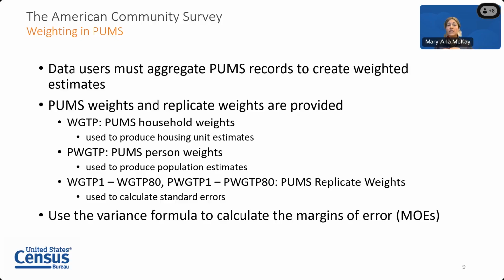Housing characteristics cannot be tallied from this merged file without taking extra steps to ensure that each housing weight is counted only once per household. Replicate weights, those numbered 1 through 80, are used for calculating replicate estimates needed to calculate standard errors. Standard errors using replicate weights are necessary to calculate the associated margins of error.